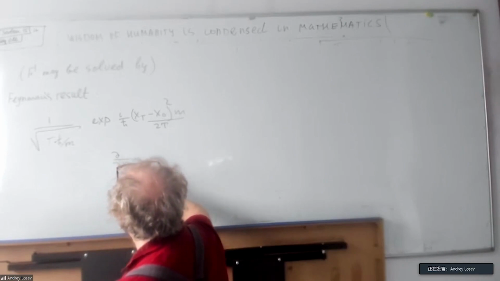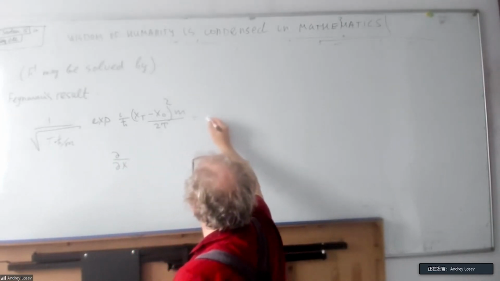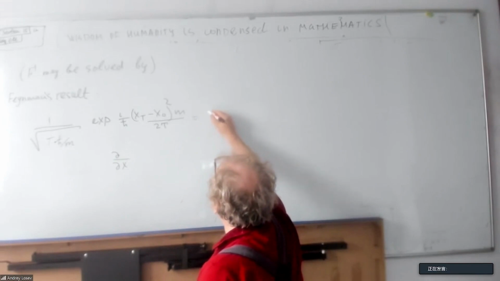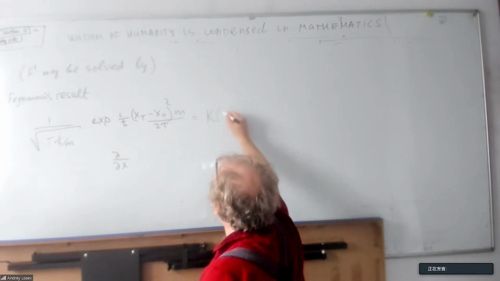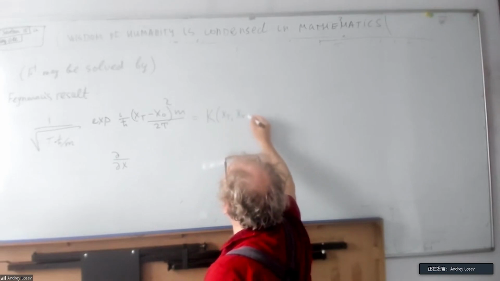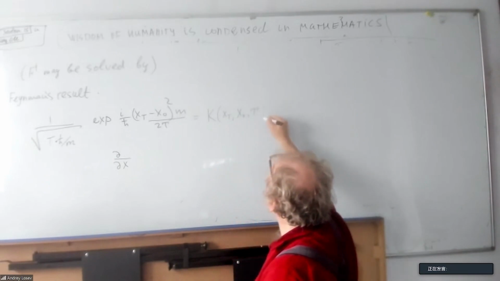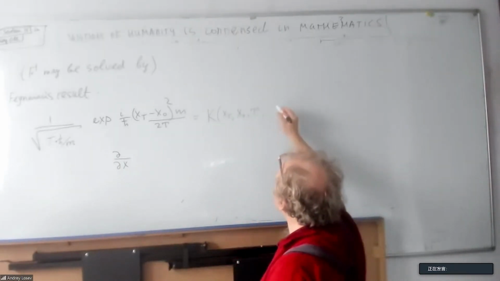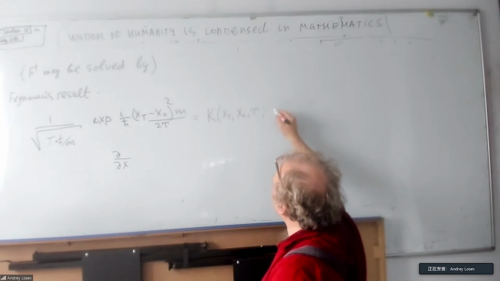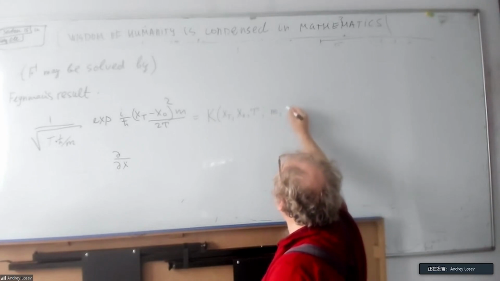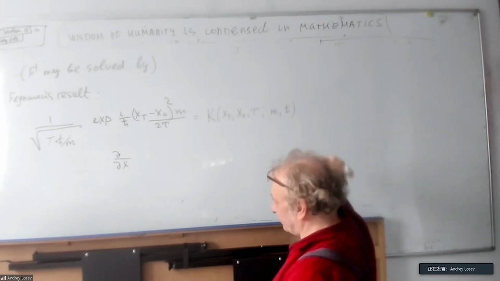Let me call this formula K of x, t, x naught, and also t. And I'd like to have m and h bar as parameters.